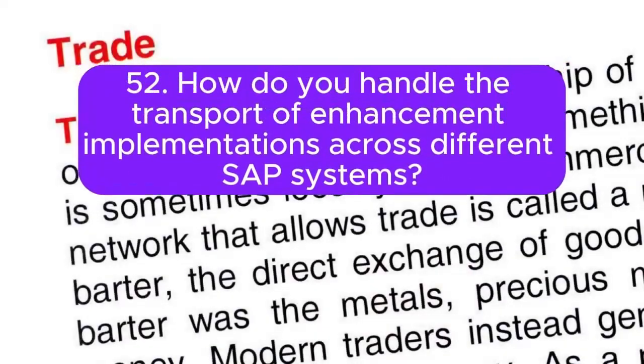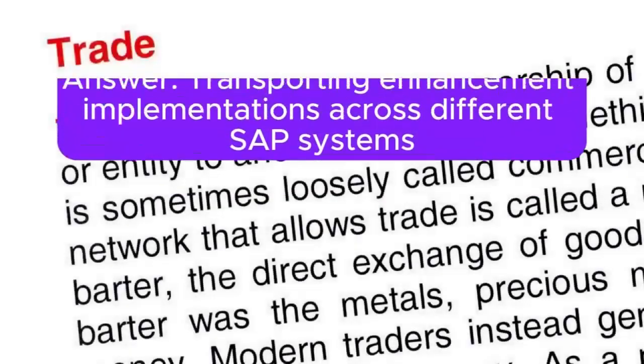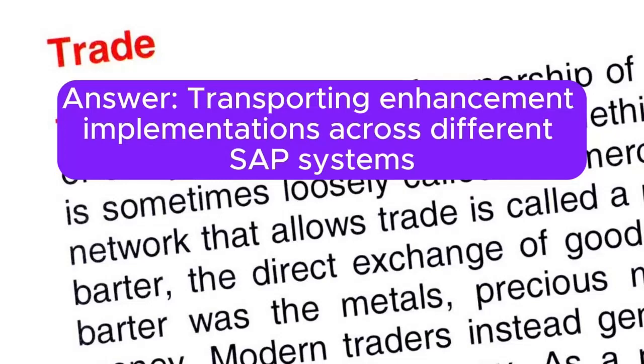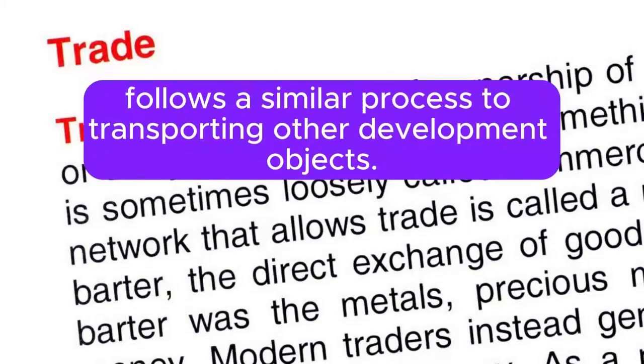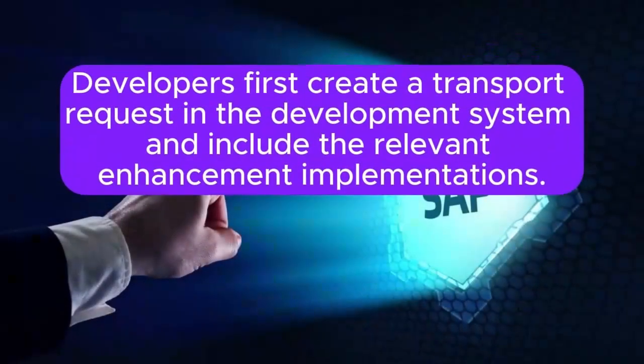52. How do you handle the transport of enhancement implementations across different SAP systems? Answer: Transporting enhancement implementations across different SAP systems follows a similar process to transporting other development objects. Developers first create a transport request in the development system and include the relevant enhancement implementations.